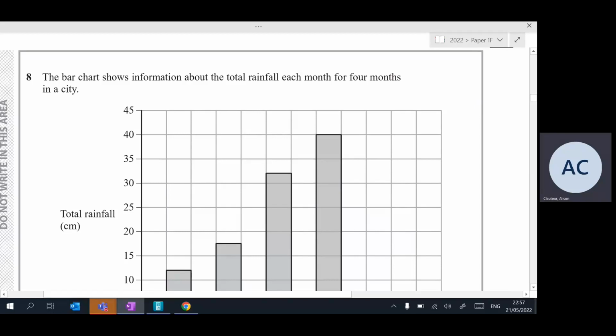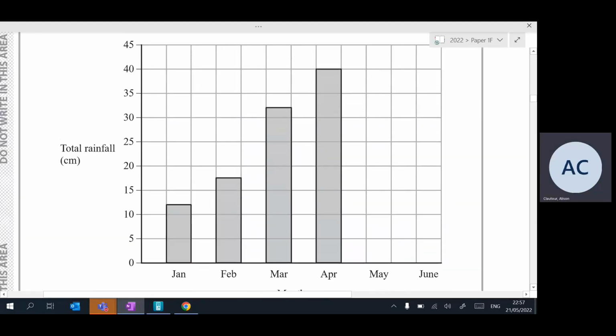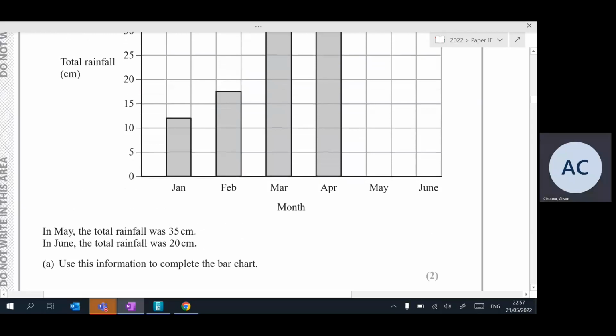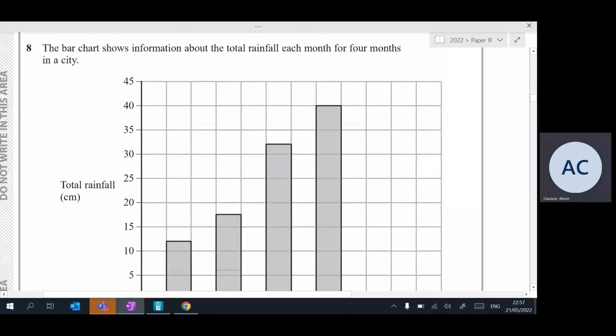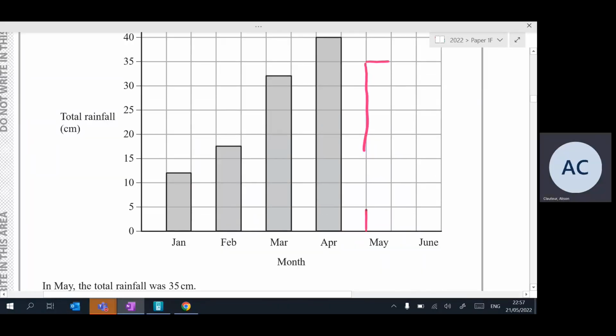A bar chart about rainfall. So it's got 4 months and then the total rainfall. And we want to fill in the total rainfall in May and June. We've got 35 centimetres in May. My bar is going up to 35. Again, obviously you would use a ruler and have a much nicer bar than me.